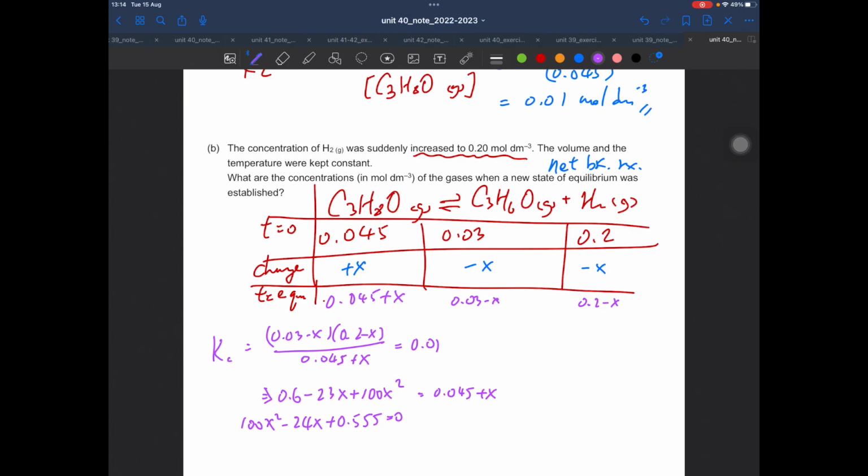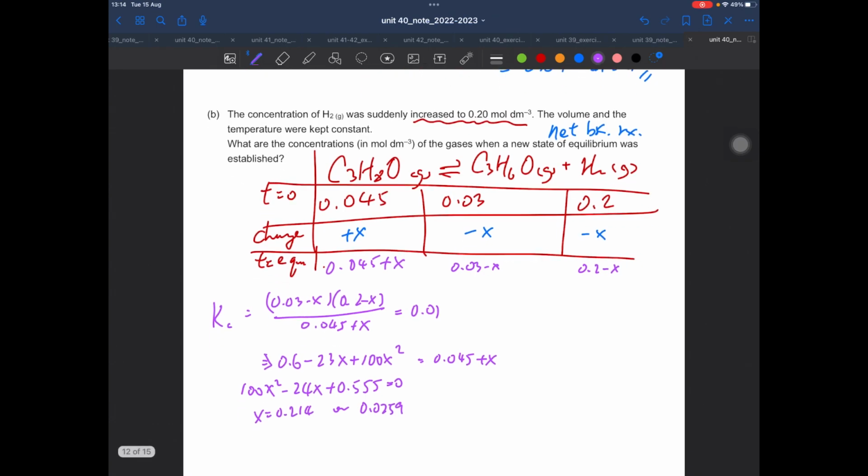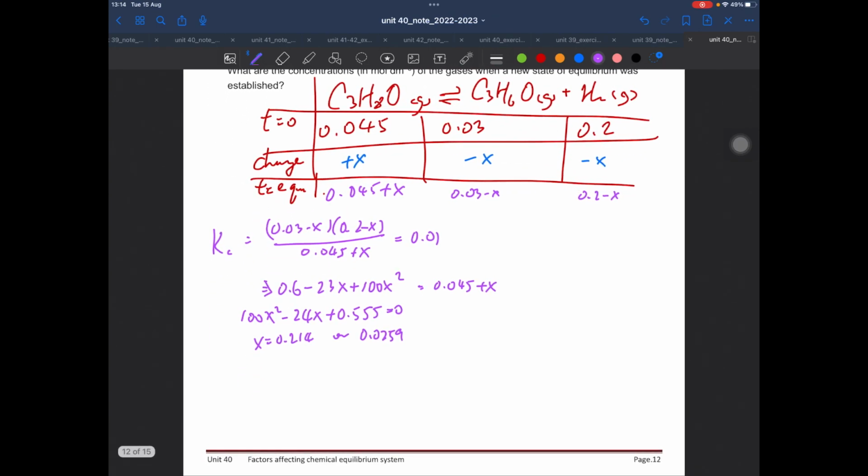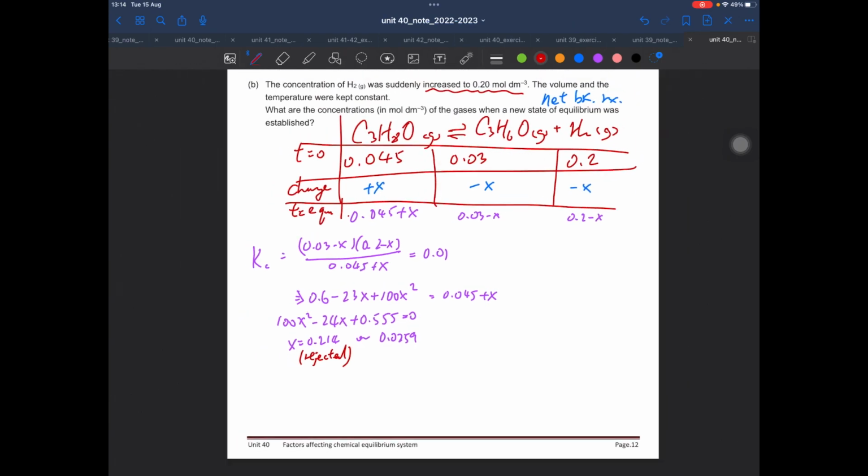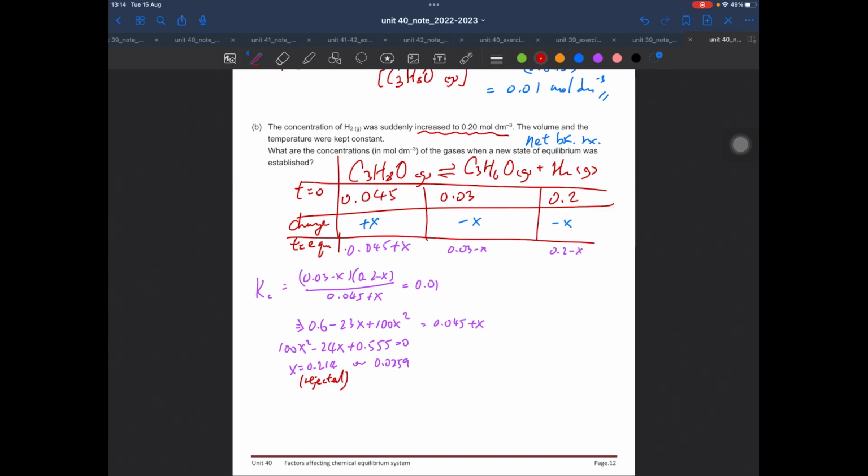So you can see actually the calculation is just time consuming. It's not difficult at all, right? Alright, so here I got two positive values again, but this one will be rejected because there is no point to lose 0.214, otherwise the hydrogen concentration will be negative, right?